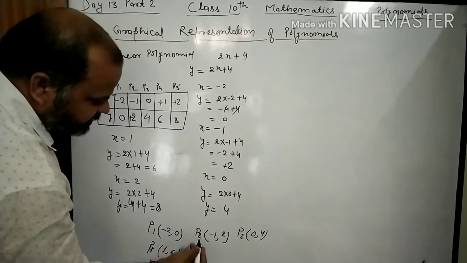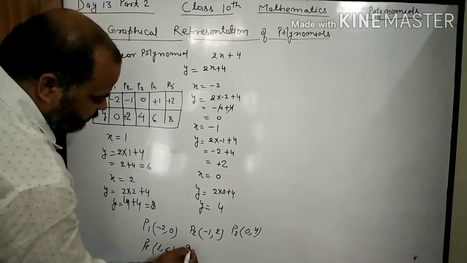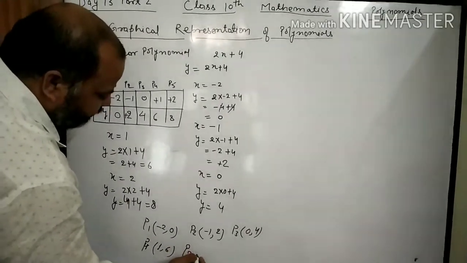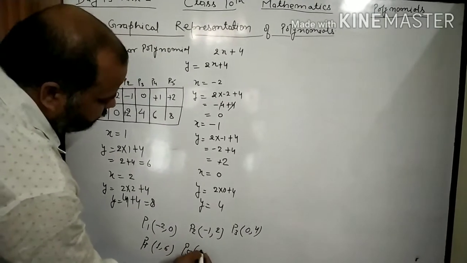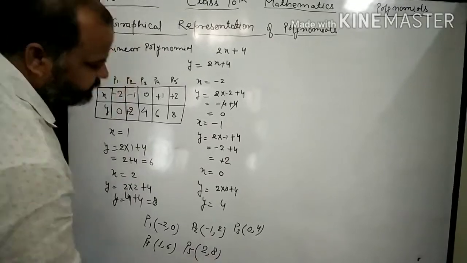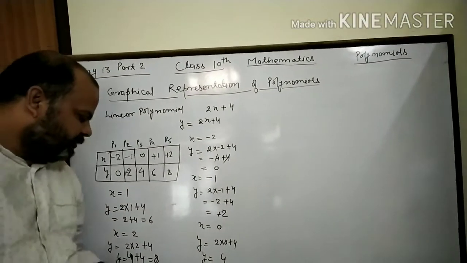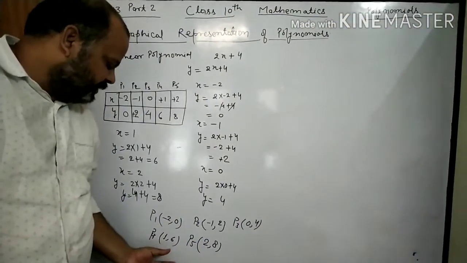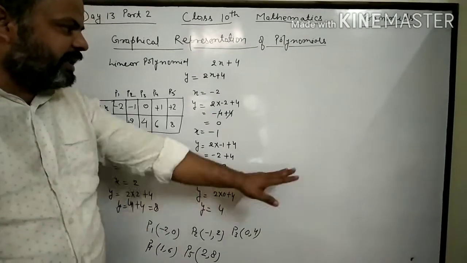The plus sign is not written; if required you can write it, there is no problem, but if you do not write it, it will also be correct. P5 is 2 comma 8. Then we got the points P1, P2, P3, P4 and P5. Thereafter we can plot them on a graph.